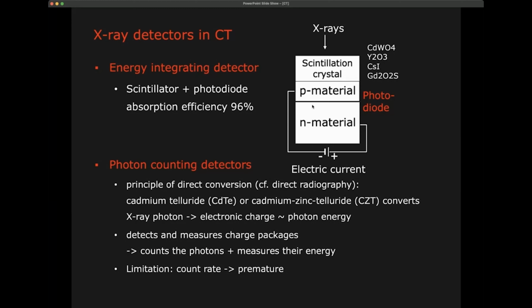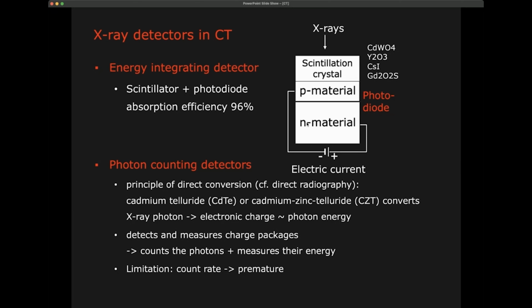And as we said before, digital detectors are mostly based on scintillation, and then later on a photodiode. So with scintillation, your X-ray photon comes into the scintillating material. There, the X-ray photon is converted into a visible light photon, and that visible light photon is then captured by the photodiode and converted into an electrical current.